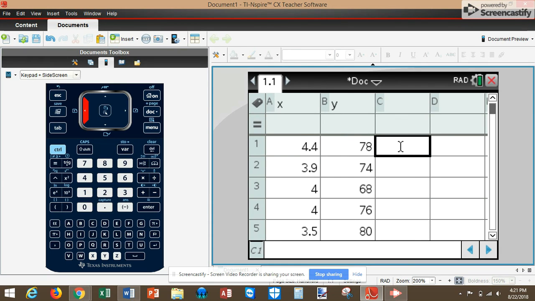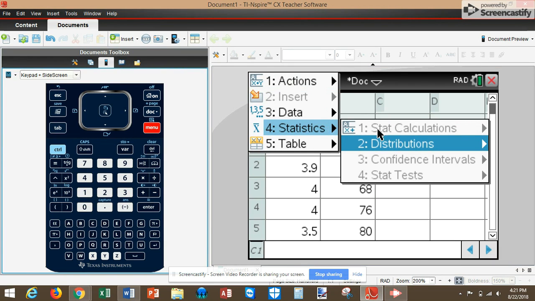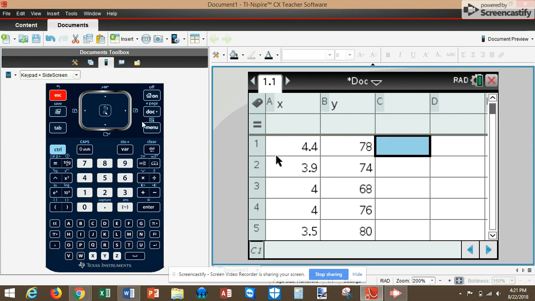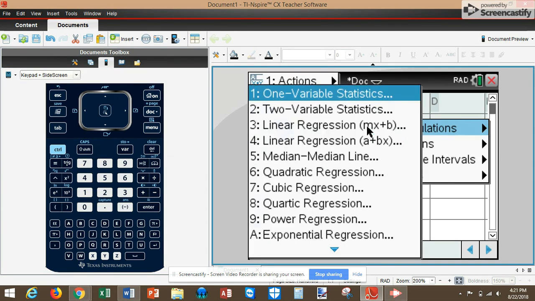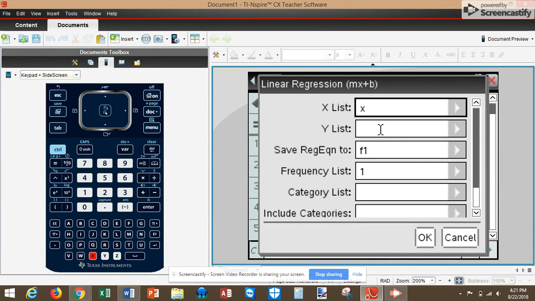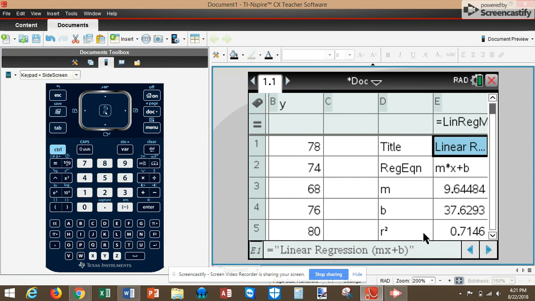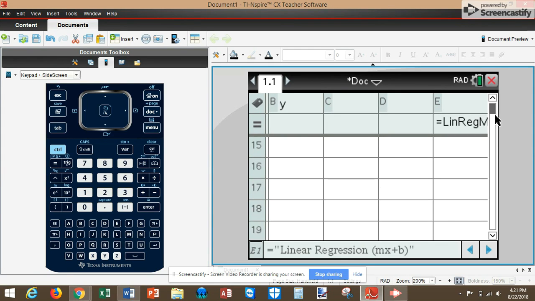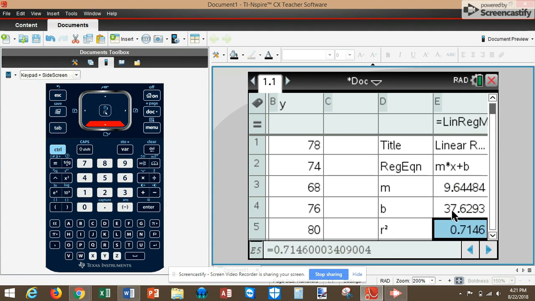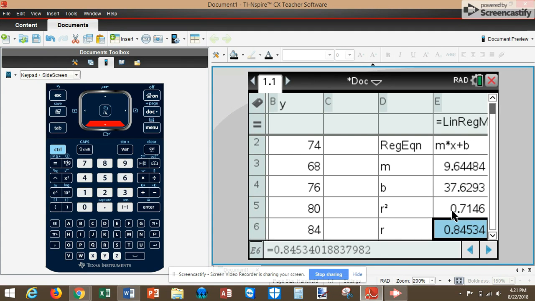So Menu, Statistics, Stat Calculations, and then Linear Regression. And then Enter. You should get something that looks like this. From there, you'll write what m equals, what b equals, R squared, and R.